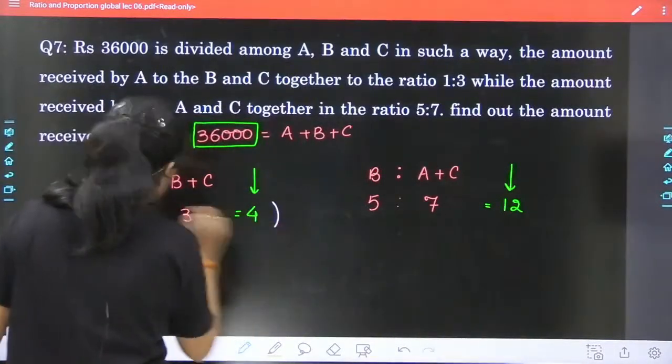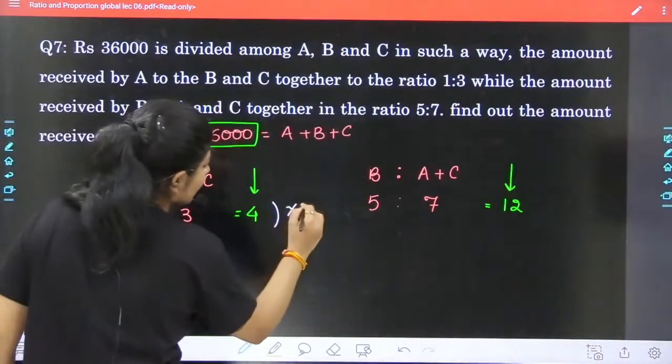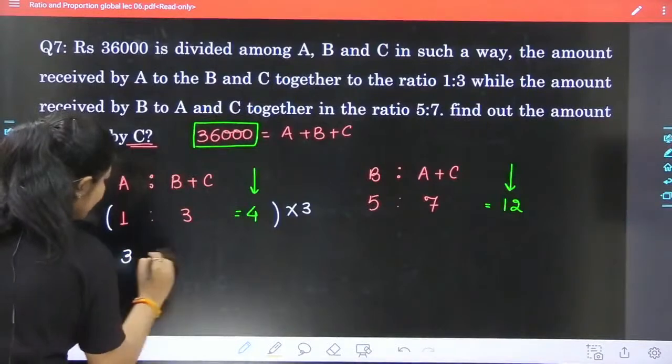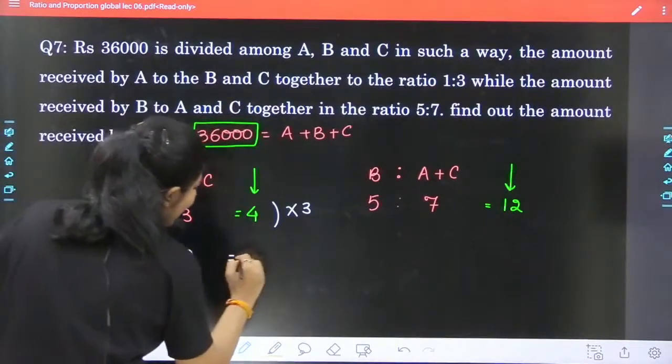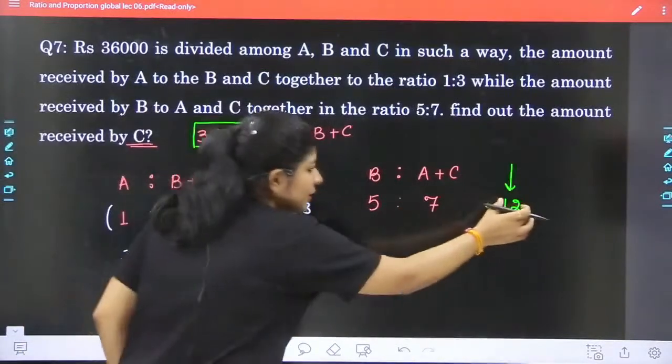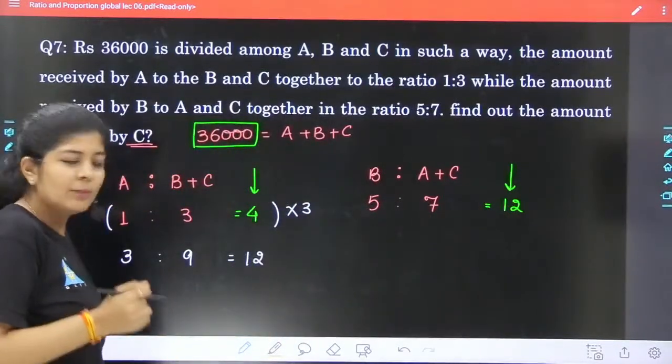So we simply multiply this equation by 3 and I'll get my new ratio as 3:9 and the sum will equal 12. So the amount in both given ratios is equal now.